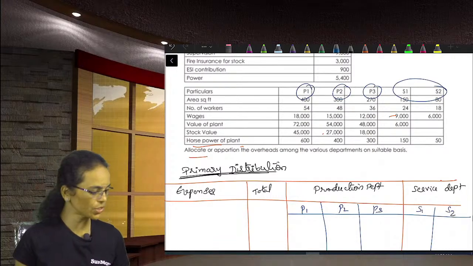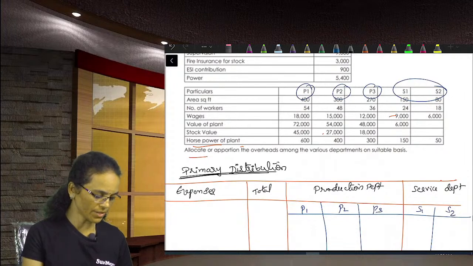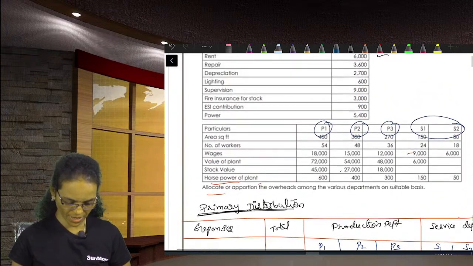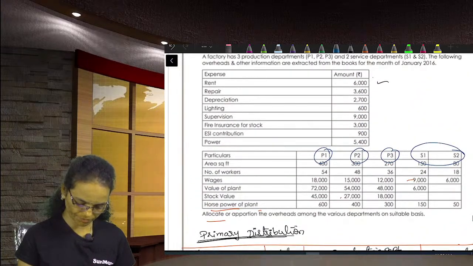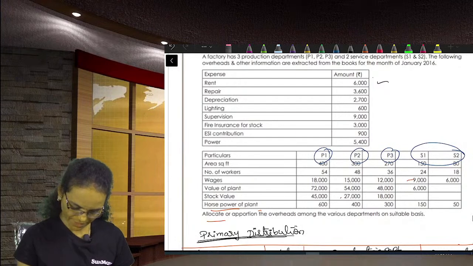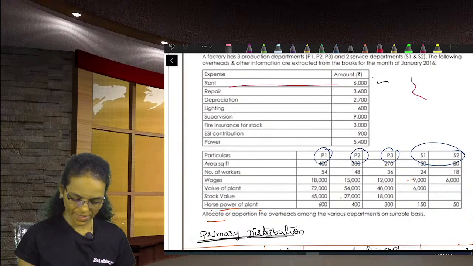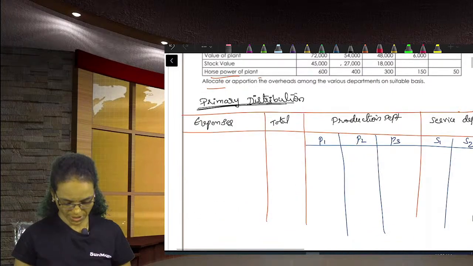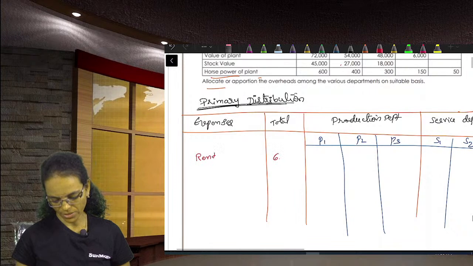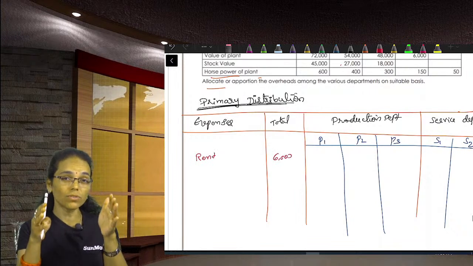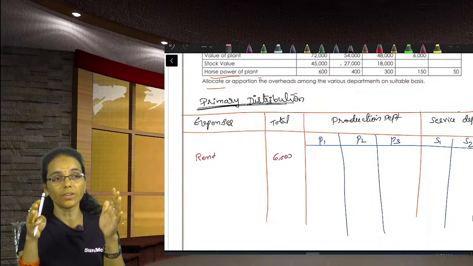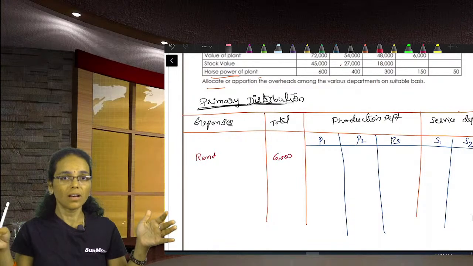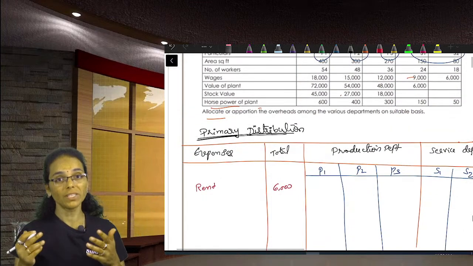Here again it is subdivided: production departments P1, P2, P3, and service departments S1 and S2.